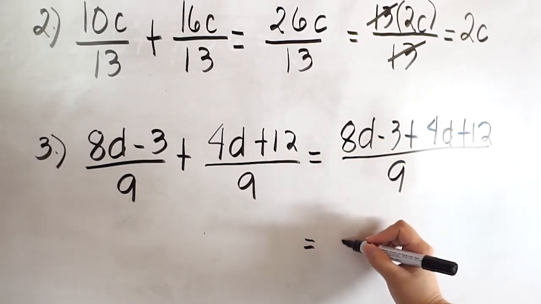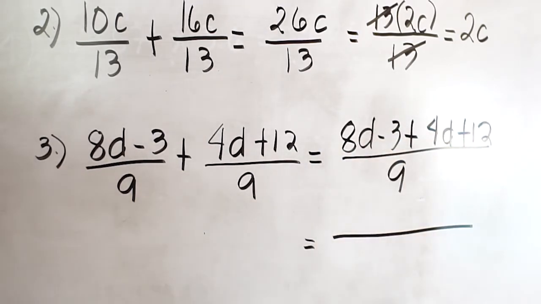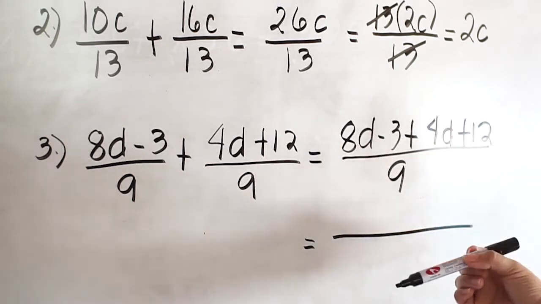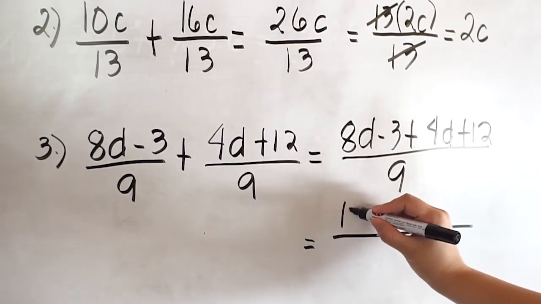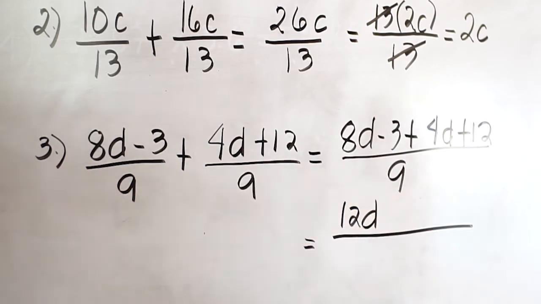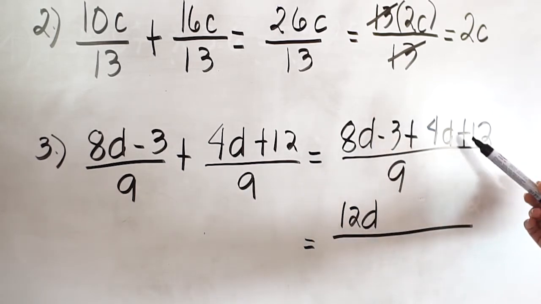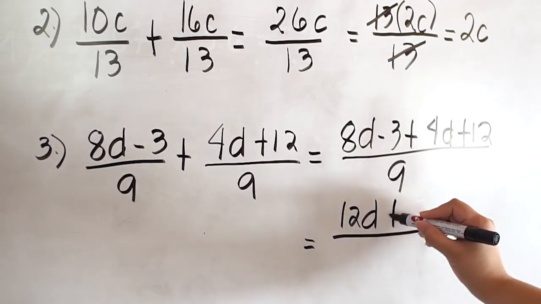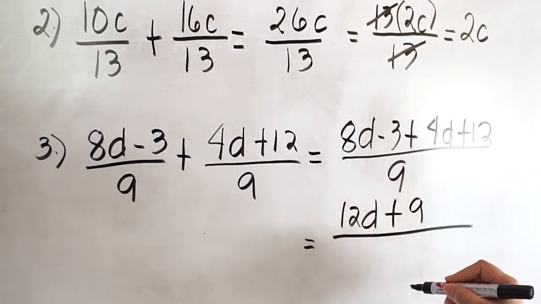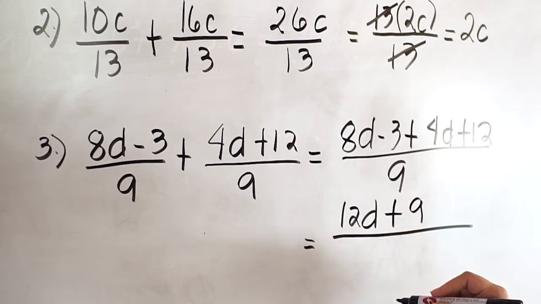And then next is combine like terms. So 8D plus 4D is 12D. And then negative 3 plus 12 is positive 9 over 9.